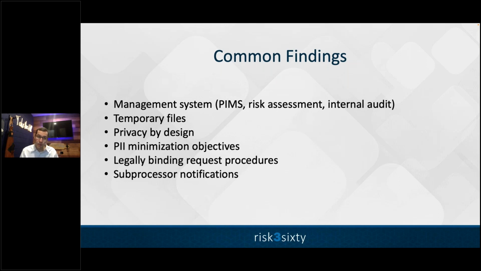One subcomponent of that is PII minimization objectives. This is something I really love that ISO 27701 calls out, because there are a lot of ways an organization can approach data minimization. What ISO says is that you should document your overall approach.